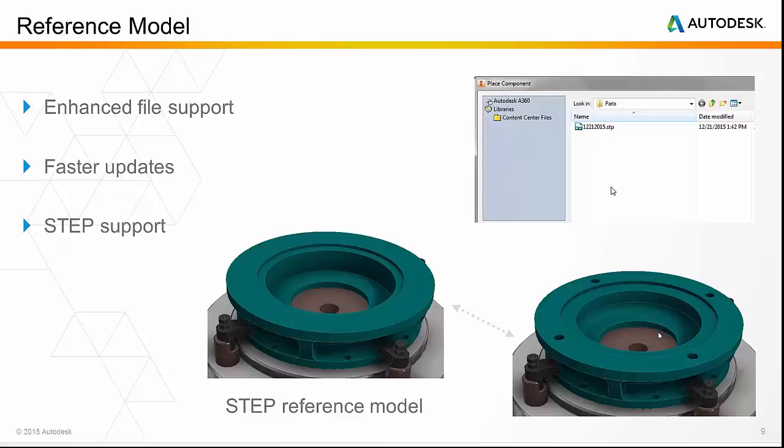Increased support for multi-threading in import workflows results in increased performance and faster updates for reference model workflows. As well, reference model also supports the STEP neutral file format. A STEP model can be referred to an Inventor assembly when the STEP file is updated. Inventor accounts for the design change in a manner similar to other 3D formats.